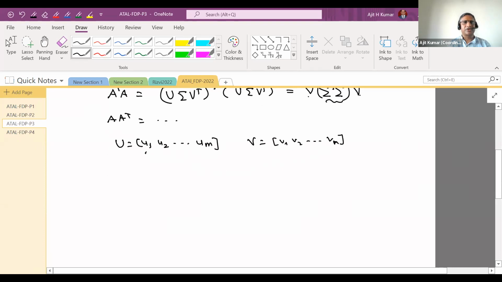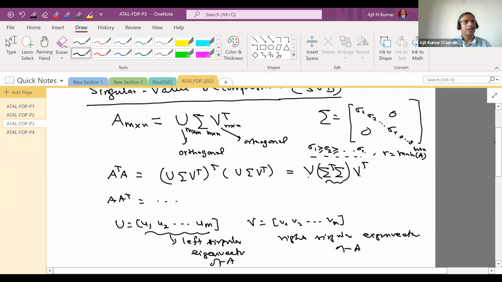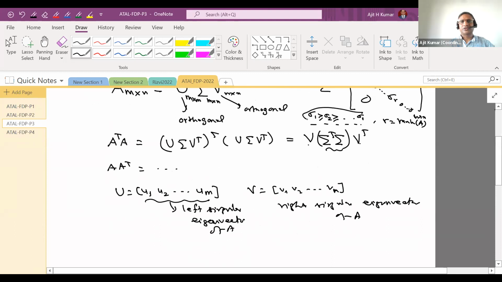These are called the left singular vectors of A, and these are called the right singular vectors of A. And these sigma 1, sigma 2, up to sigma r are called singular values. That is why it is named singular value decomposition.